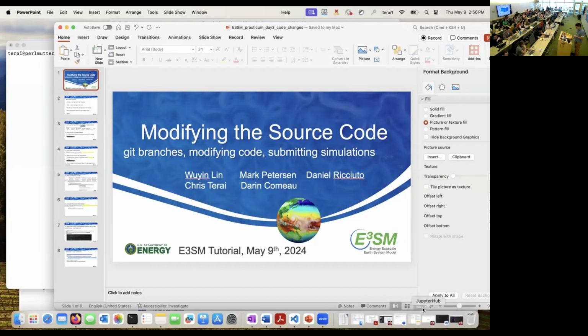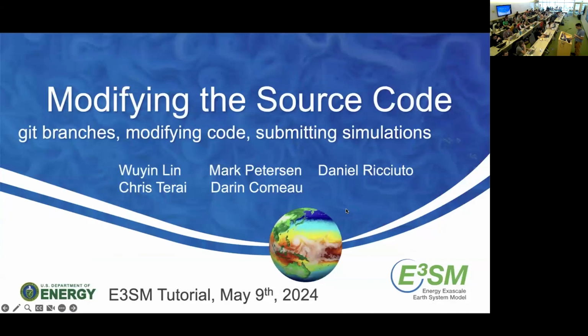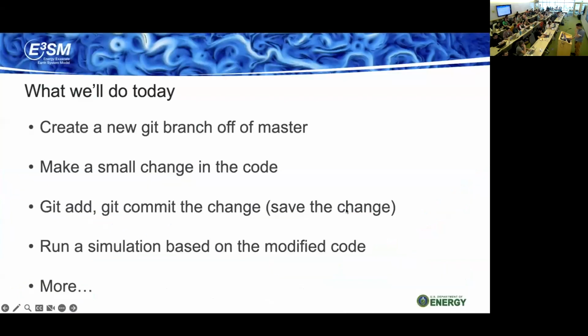And so in order to make changes, the steps that we'll do today are, first, create a new branch off of the master branch, and we'll be using the branch that you've cloned into your local directory. Then we'll make a small change in the code.